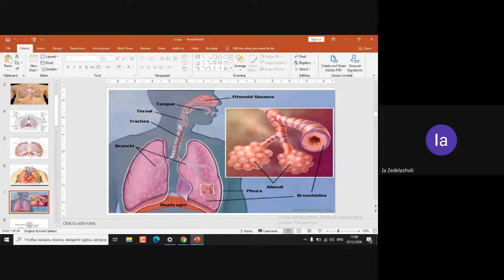Then we have the throat here, the trachea, which divides into two main bronchi. Then the bronchi divide into bronchioles, smaller parts, and at the end of the bronchioles, see my dear, we have a lot of bubbles, which are named alveoli, where the exchange of oxygen happens on the inner epithelium of these alveoli.